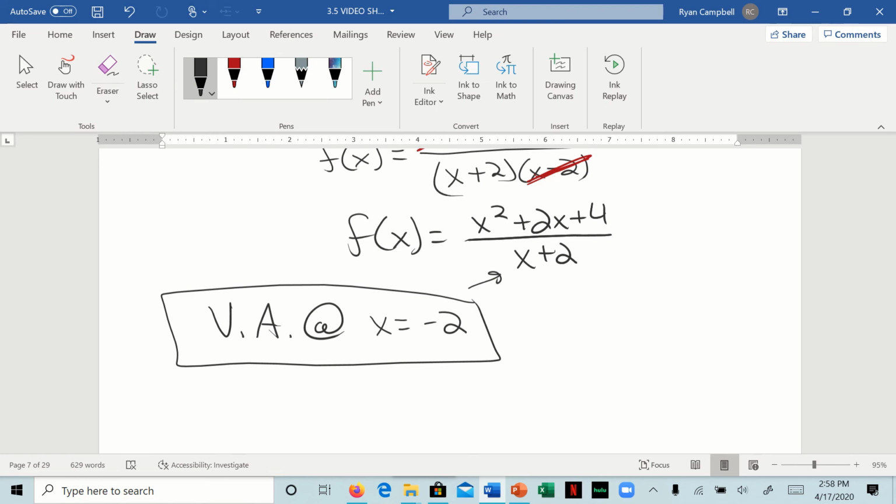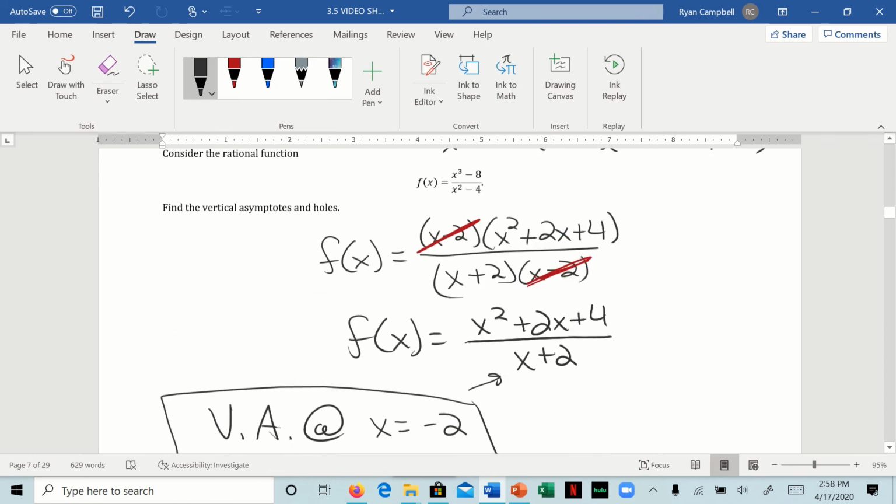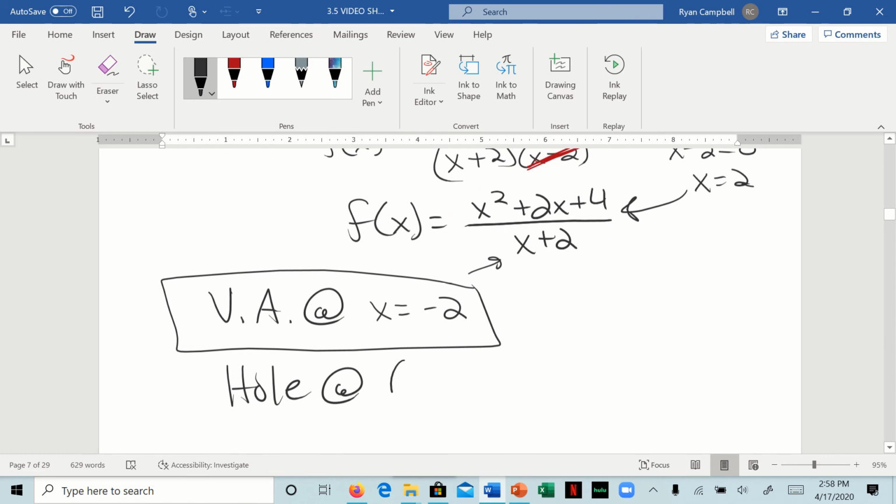We're going to have a hole. Right? Since we simplified something, we're going to end up with a hole. So the hole is going to be at 2, right? The x value is going to be 2. So to find the y value, we just plug it in. So f of 2 is 2 squared plus 2 times 2 plus 4 over 2 times 2.